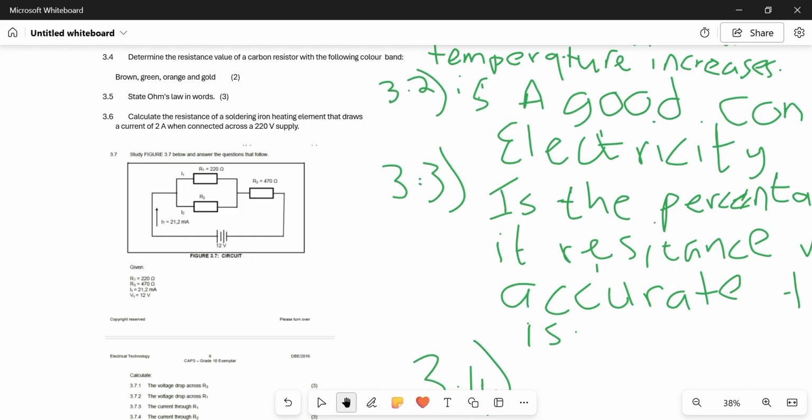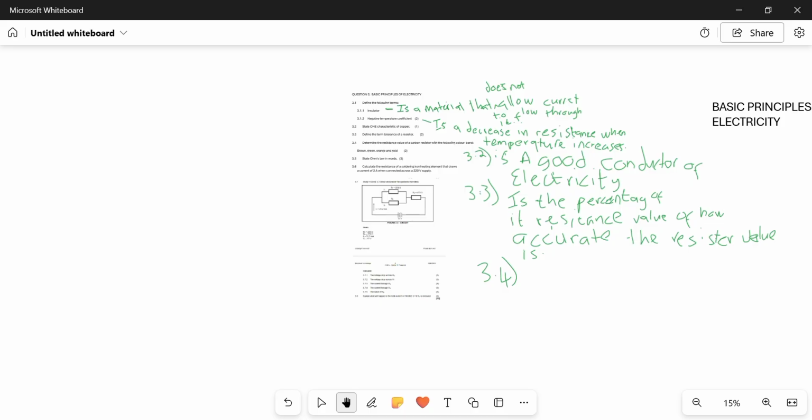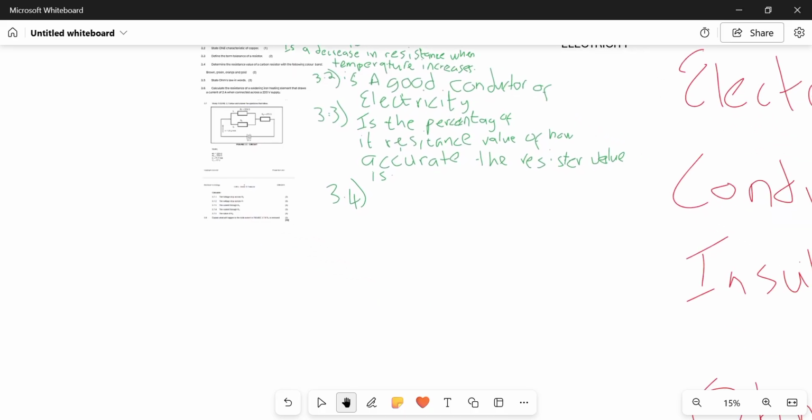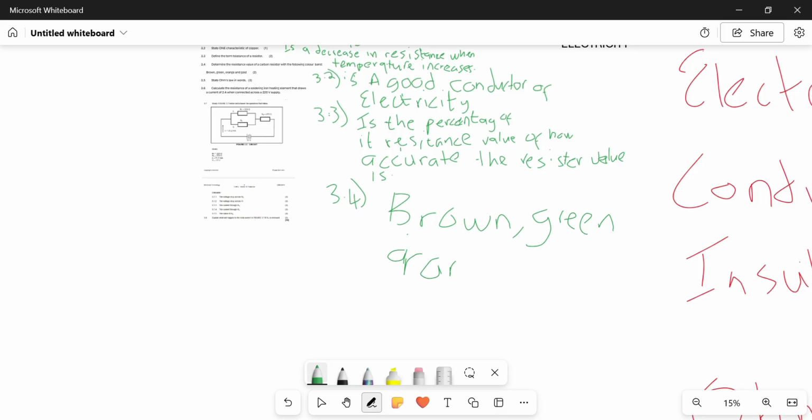Okay, so here what we're going to do, let's write it in full: brown, green, orange, and gold.